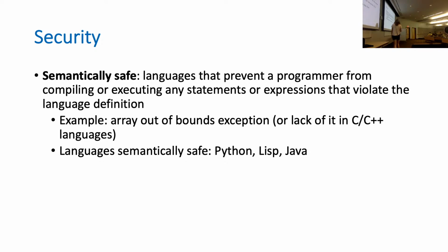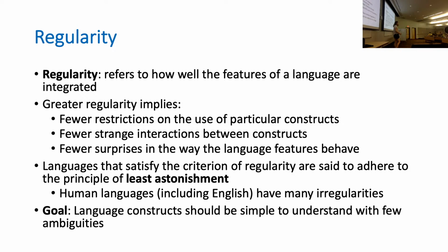You're in a good spot. So security is really important, right? So that gives us efficiency, both programmer and computational, as well as security, how a language prevents the programmer from doing things they're not allowed to do.